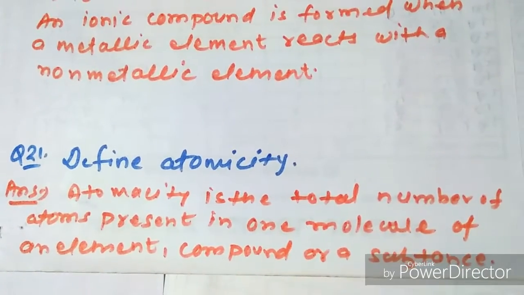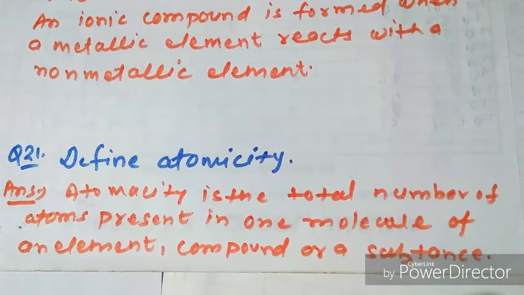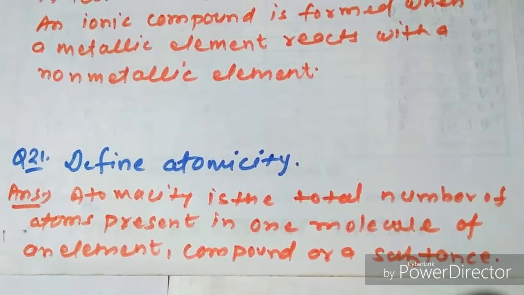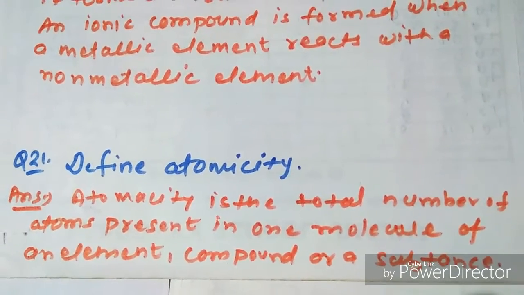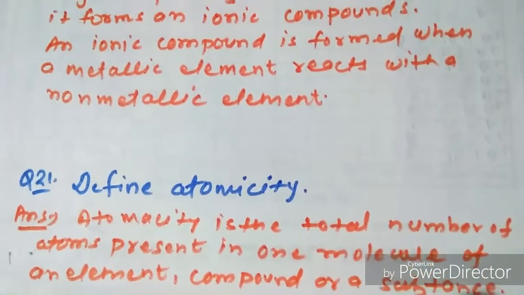Then students, once again, atomicity is the total number of atoms present in one molecule of an element, compound or a substance. I hope all of you have understood.